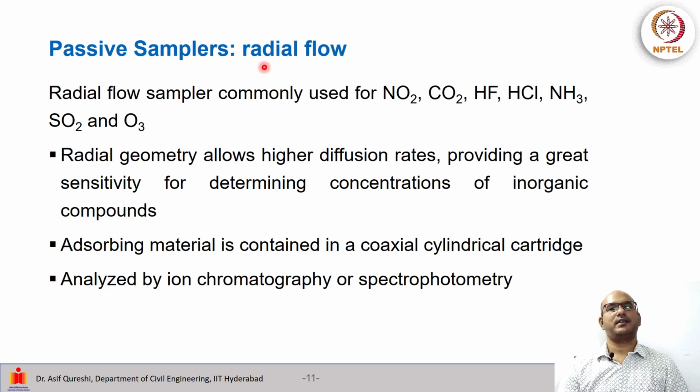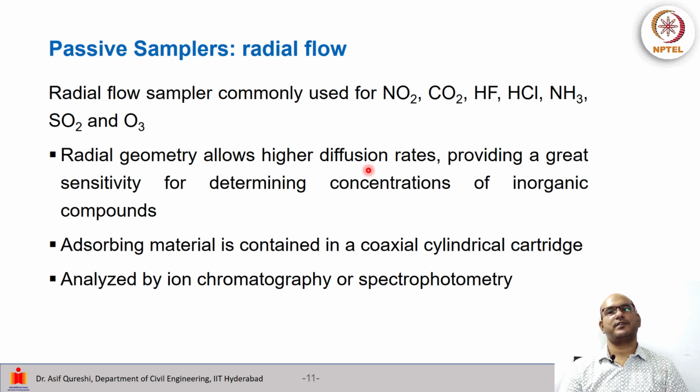First we will look at the radial flow type of samplers. These radial flow samplers are commonly used for a variety of gases: NO2, CO2, HF, HCl, NH3, SO2 and ozone. The radial geometry of such samplers allows for a higher diffusion rate into the sampler and towards the adsorbent, and because of this we have a high sensitivity for determining the concentrations of these compounds.